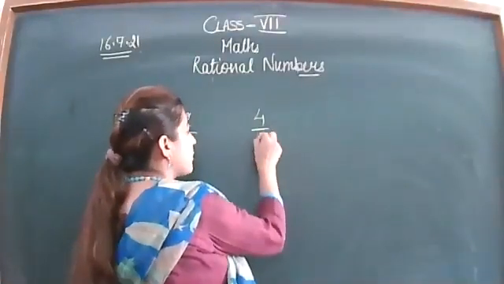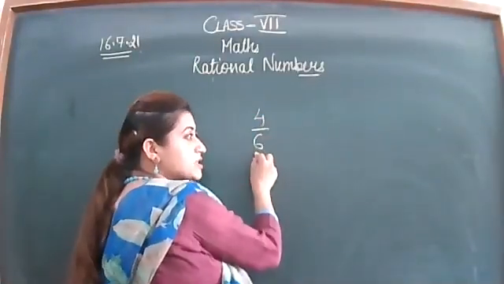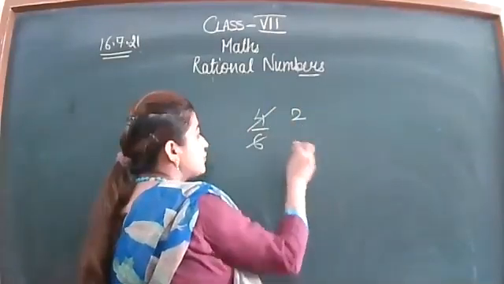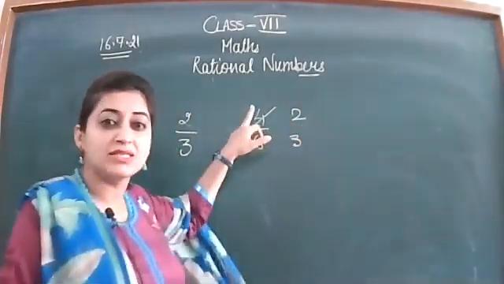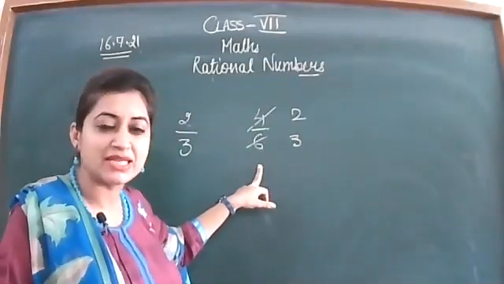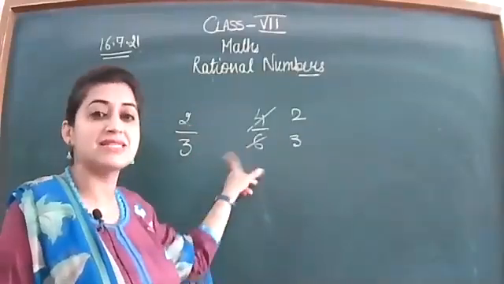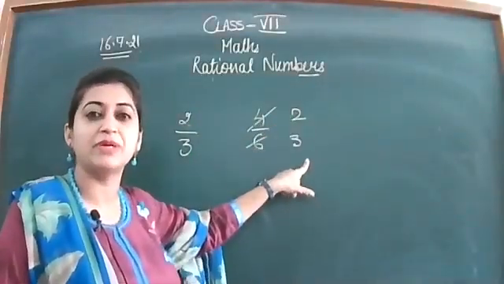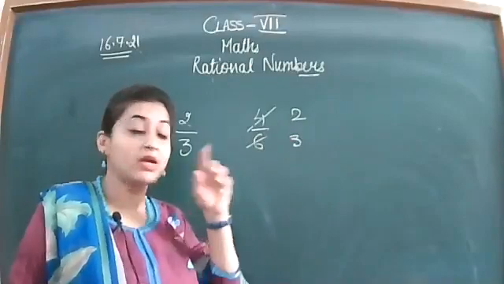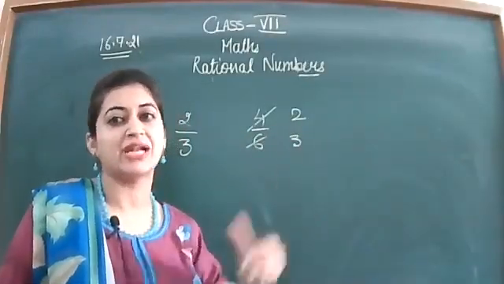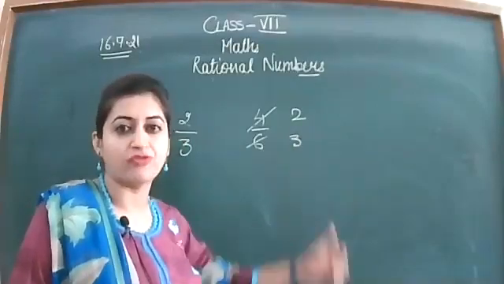But if I write 4 by 6, 4 and 6 both are even numbers and they can be cancelled out with the table of 2. So 4 by 6 is not in the standard form because it has 2 common. After cancellation, 4 by 6 has shifted to 2 by 3, and this will be your standard form.